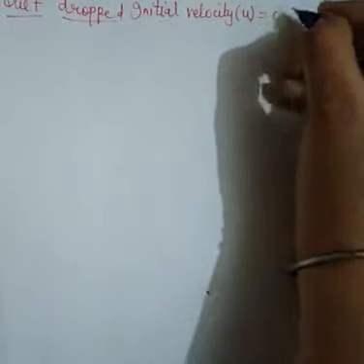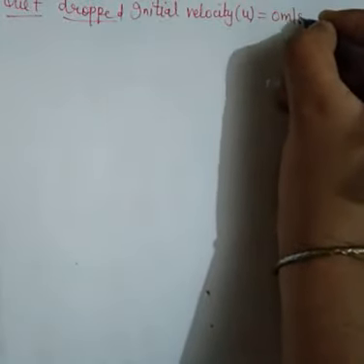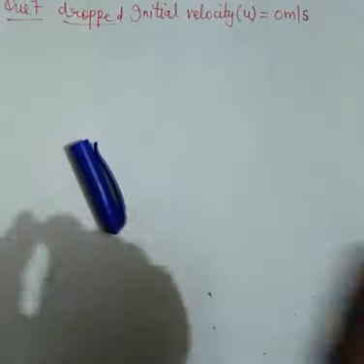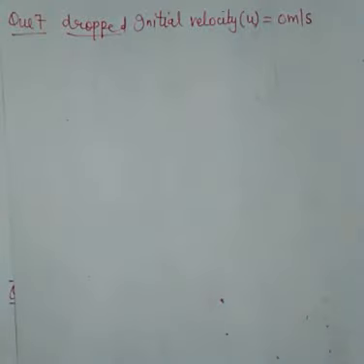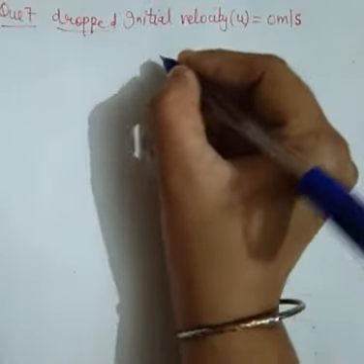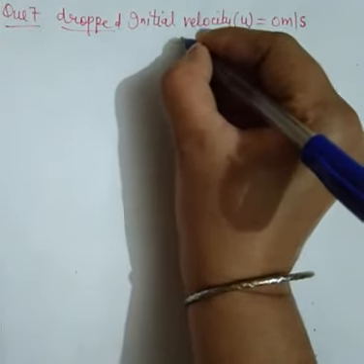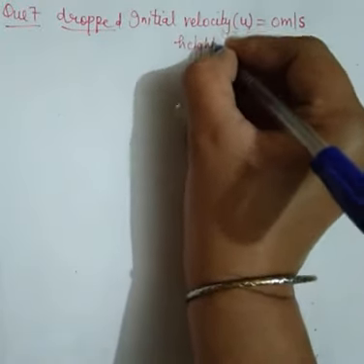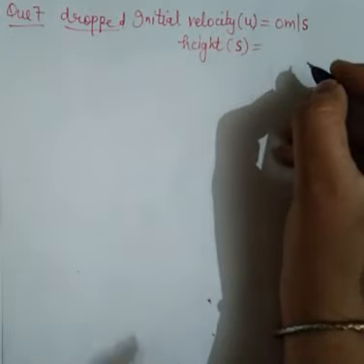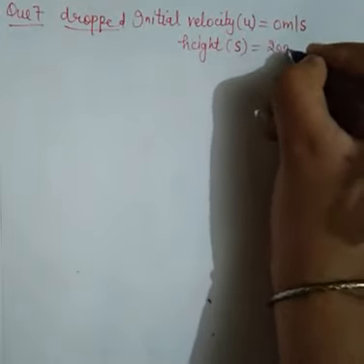Because it is dropped without any energy, without any velocity. Just like when I drop the cap of a pen without giving it any energy, its initial velocity is 0. It is dropped from a certain height. So what is the height? Height may be considered as distance.